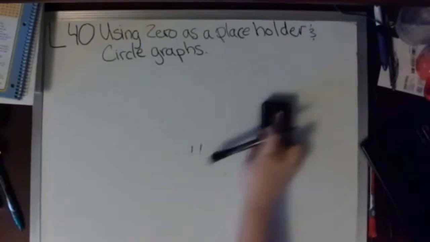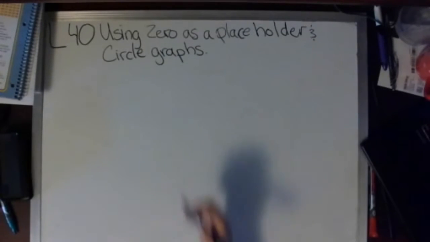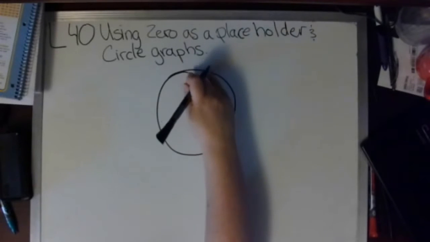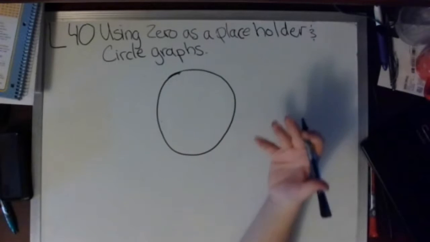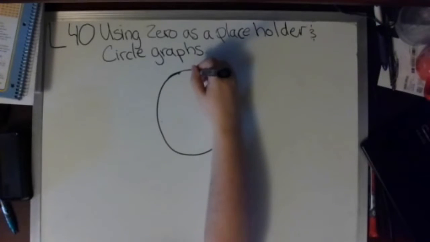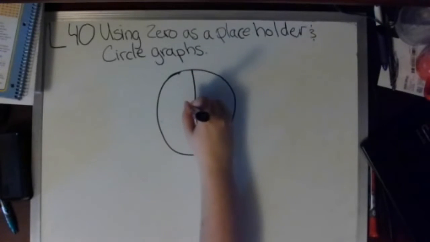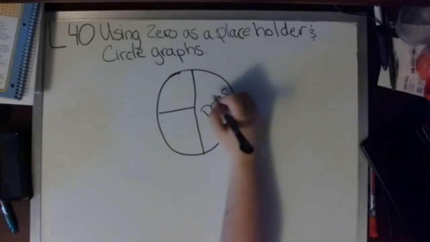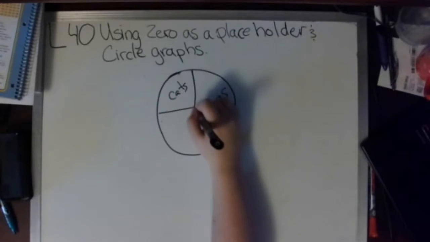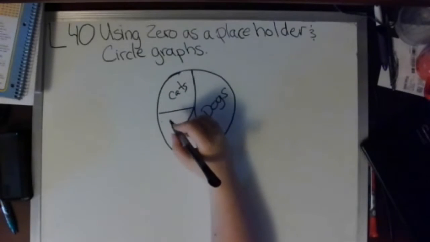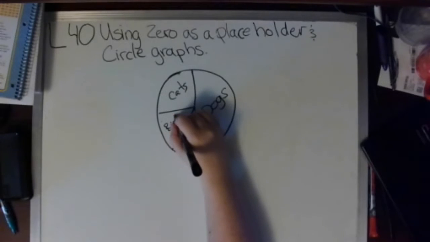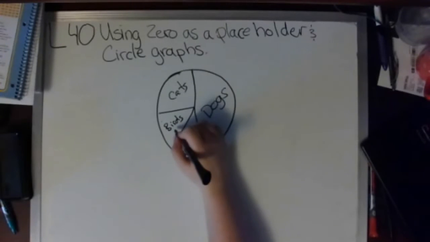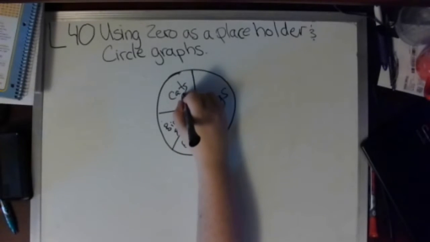So, circle graphs. Circle graphs you have probably seen before. They're quite common. We use similar things in fractions all the time. You have a circle and then you have so many pieces of that circle cut up. So for example, if I had a circle like this, this is dogs, cats, and for this one, it's given us all the numbers, which is fabulous.